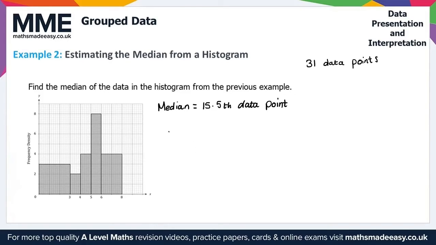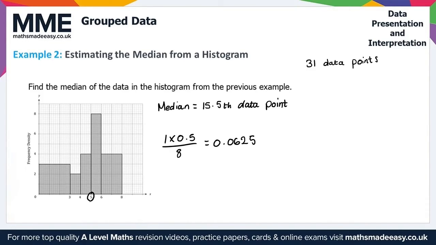Calculating this, we have 1 times 0.5 over 8, which is equal to 0.0625. That tells us we are 0.0625 into the 4th block. We can see this block starts at 5.